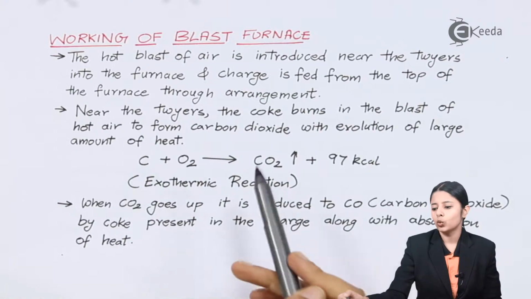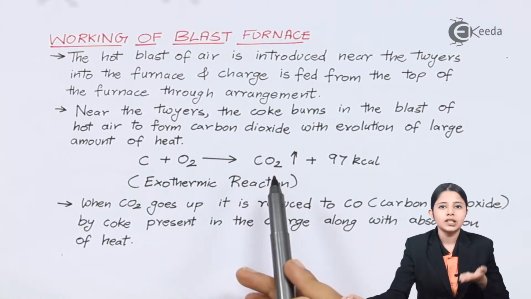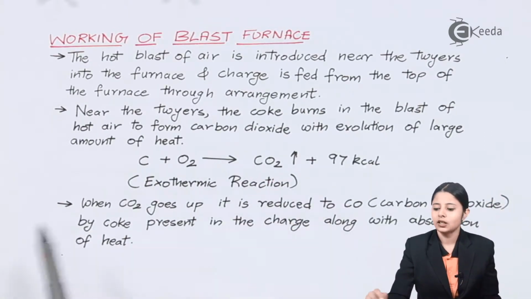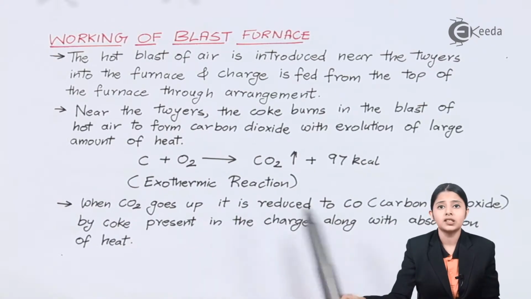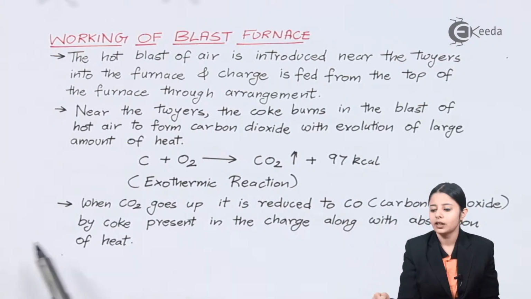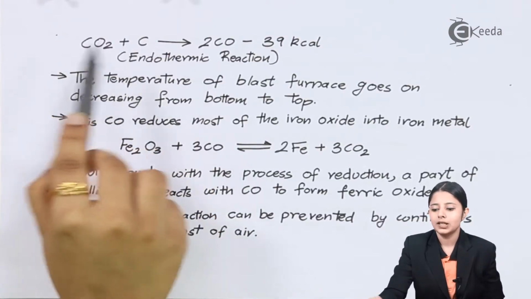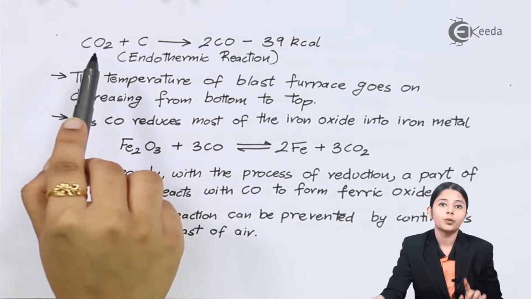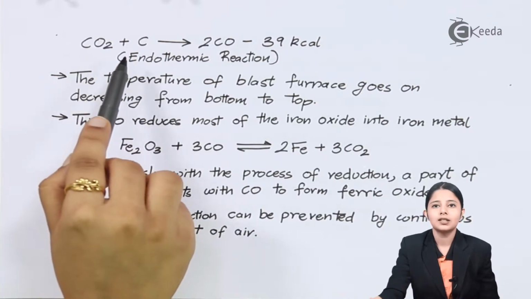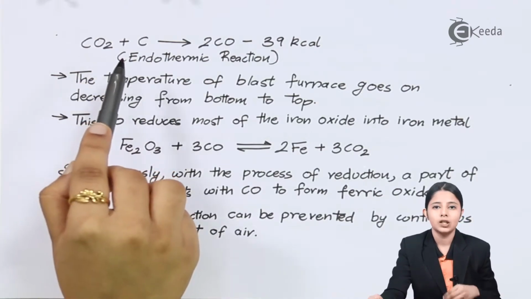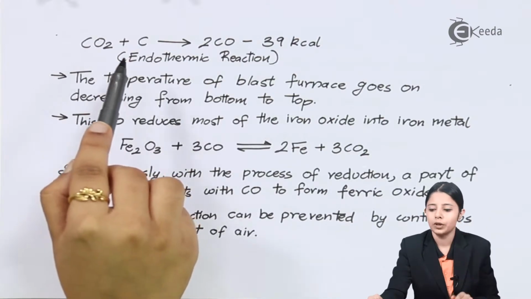CO2, which is in gaseous form, will obviously move up because it's a light gas. When CO2 goes up, it gets reduced to carbon monoxide by the coke present in the charge. We will see the reaction for that as well. CO2 plus C: this is carbon dioxide which is formed from the previous reaction, and this is the C, the carbon which is present in the coke which is fed from the top.